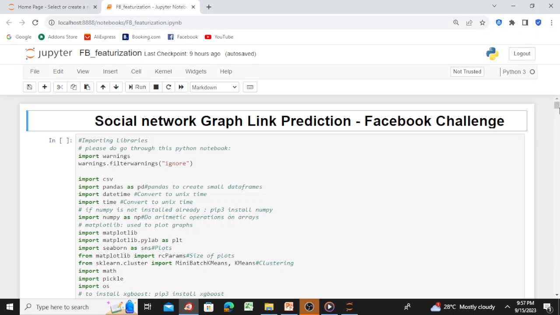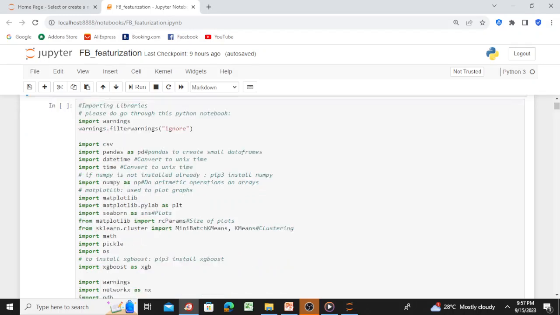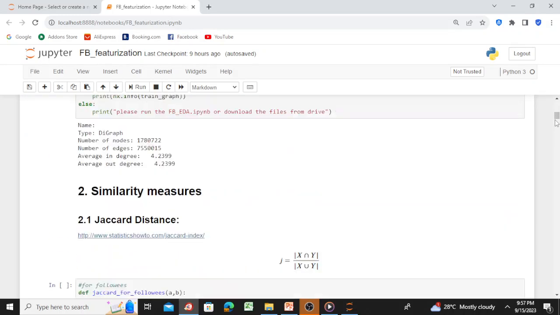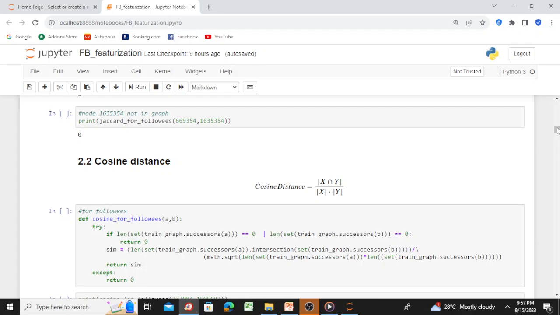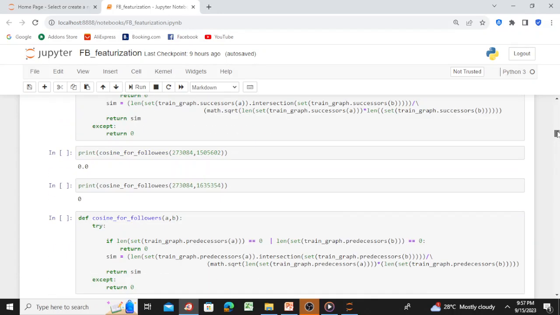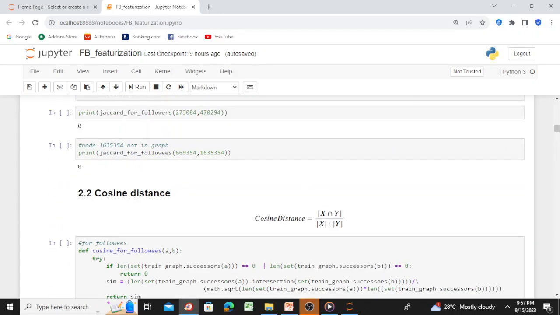I kindly request all of you to go through this IPython notebook, social network graph link prediction, Facebook challenge. This is reading data, everything is there. JACCARD for followers, JACCARD for followees. We calculated cosine distance here. Just go through this particular code. It is easy, simple and straightforward code.